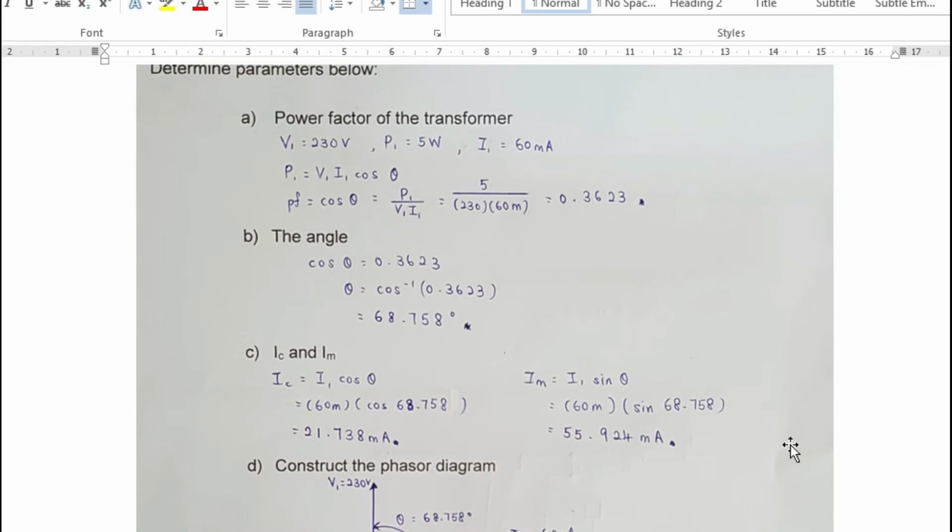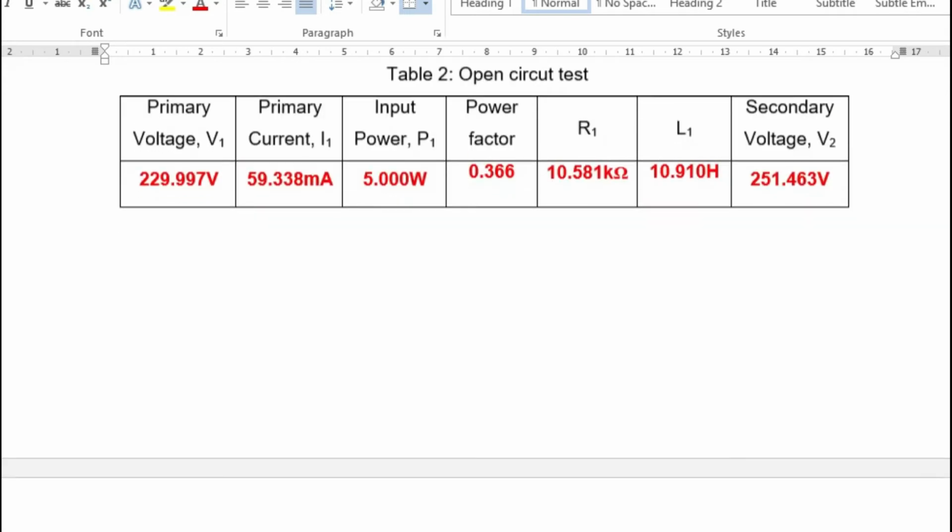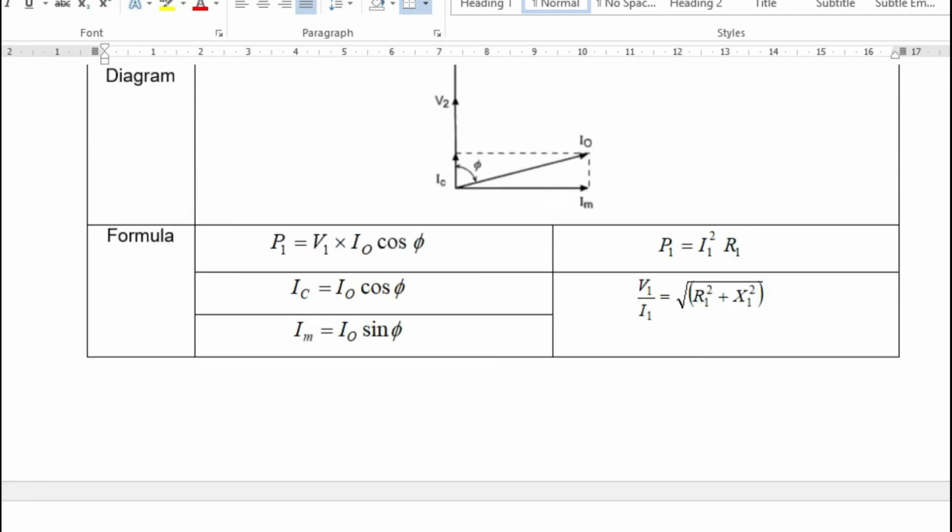Then to find the currents IC and IM, we use these formulas: I1 cos theta for IC, and IM is I1 sin theta, which is the current through RC and XM.